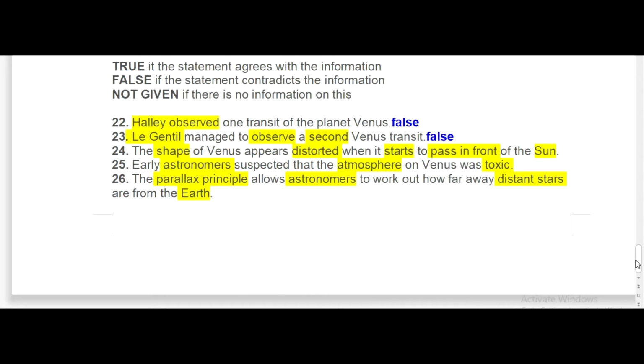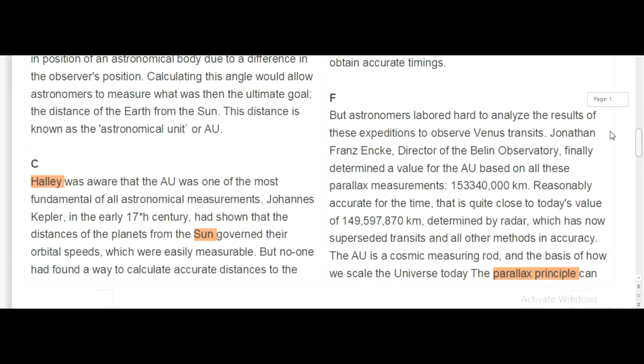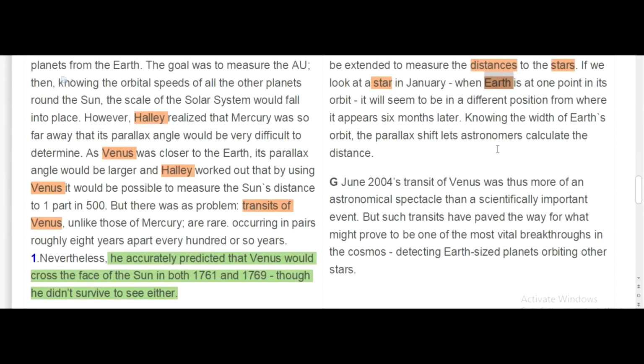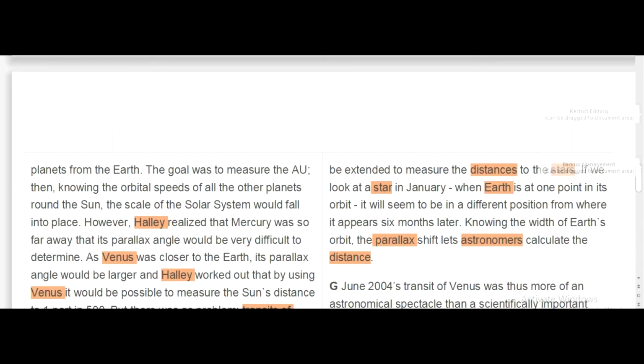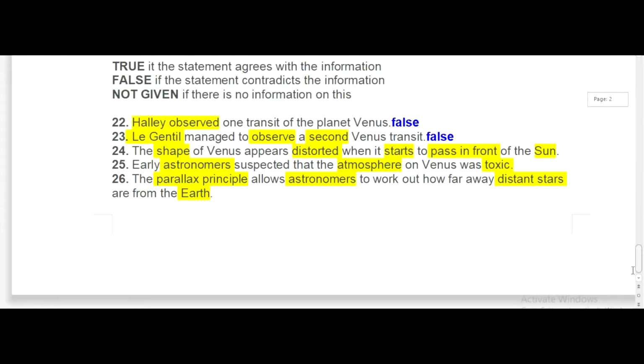Yeah, astronomers. Again here I found distance, parallax. Okay, now I'm going to read our question.